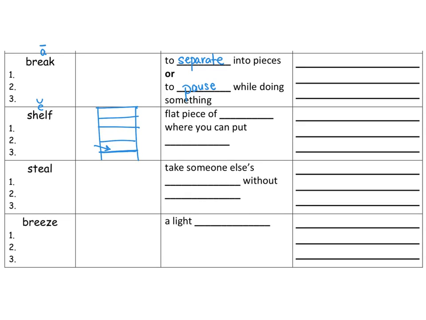It is a flat piece of, usually shelves are made out of wood. It's a flat piece of wood where you can put, what can you put on shelves? You put books, but you can also put objects. You can put many things on shelves.